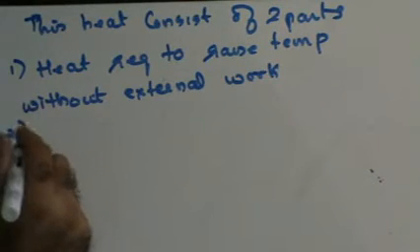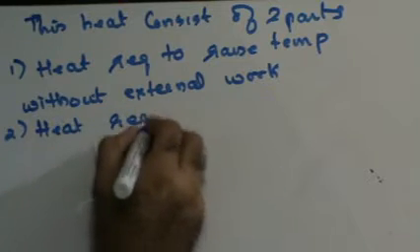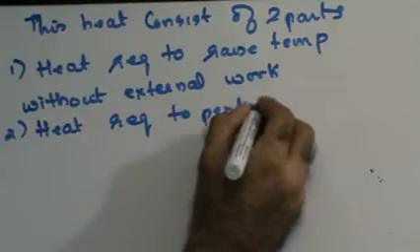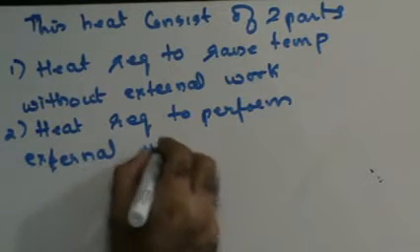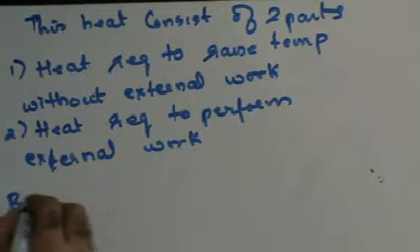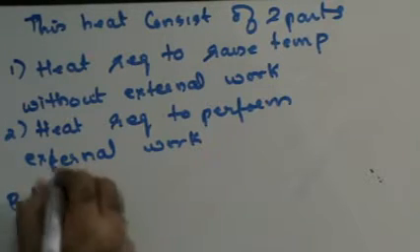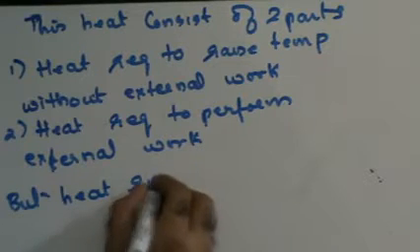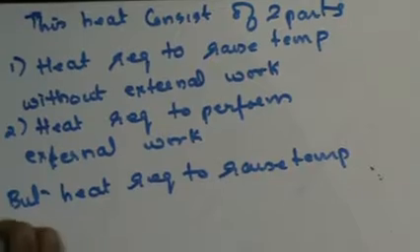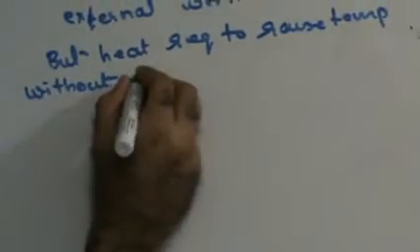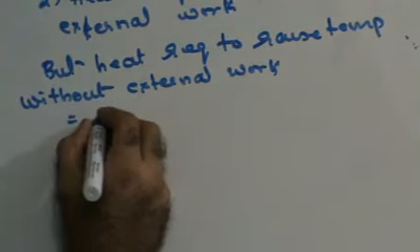And the second part of this heat is used to perform external work. Heat required to perform external work. But heat required to raise the temperature without external work is heat required to raise temperature without external work, which is nothing but Cv dt.